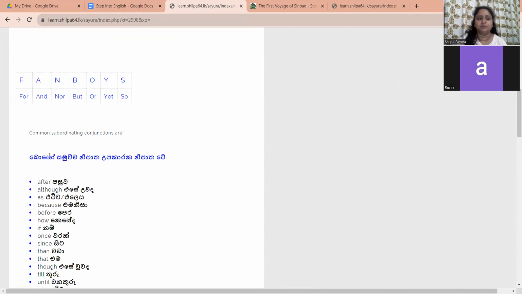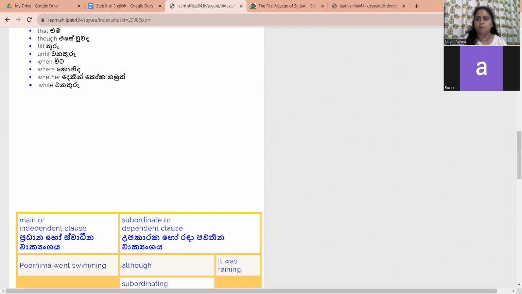And now let's move to common subordinating conjunctions. So these are the ones below.